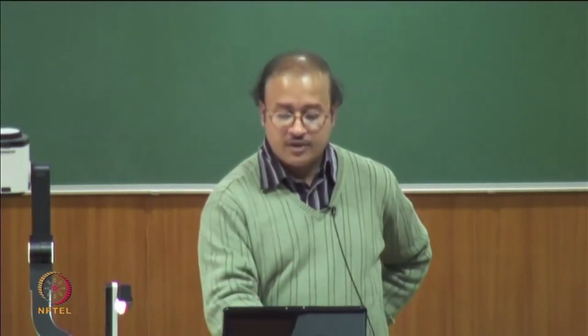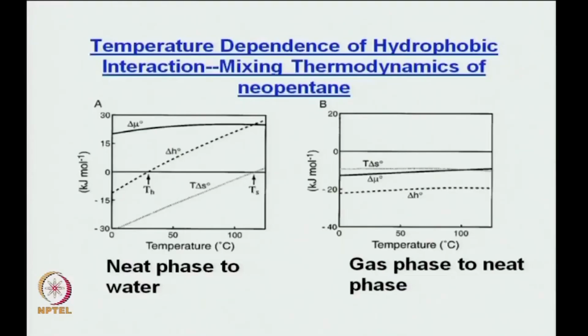So here I have delta mu 0, and then the corresponding delta H 0, the enthalpy referring to the standard state, and delta S 0, the entropy. Again, let us not worry exactly what they mean, but just look at it. Look at the left figure, where neopentane is taken from liquid to water. How does the delta mu 0 vary?